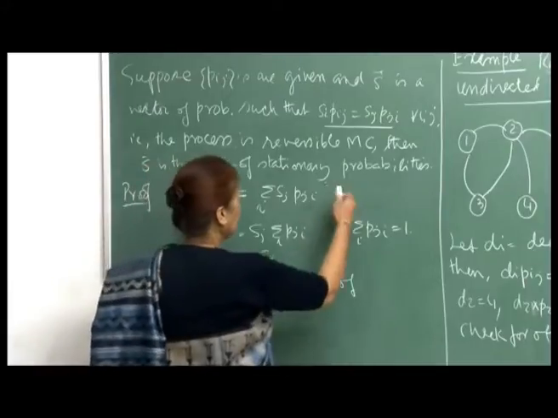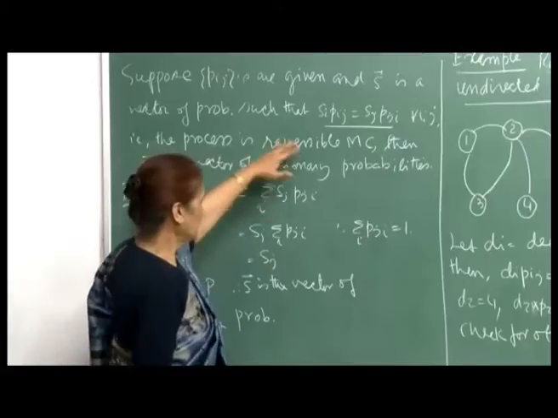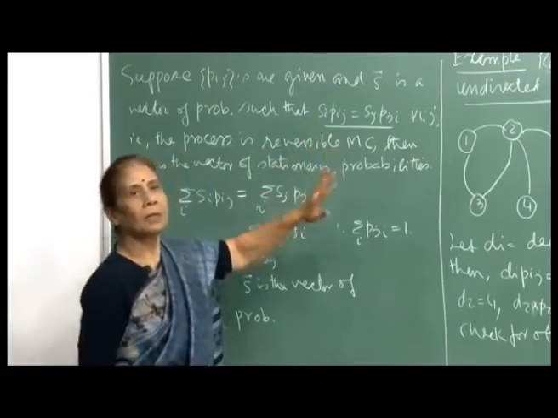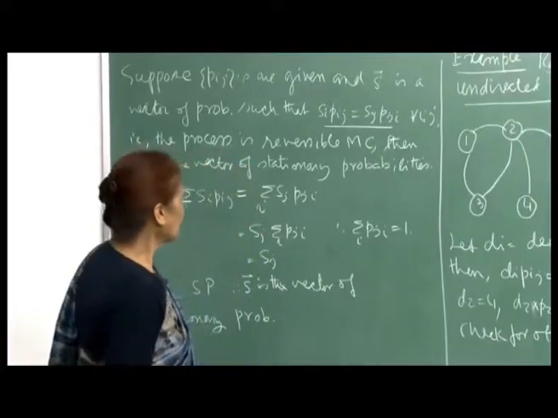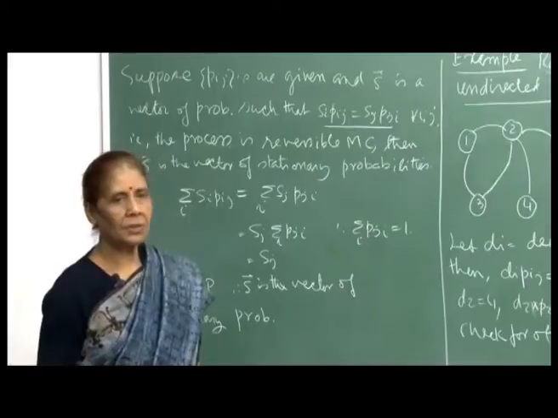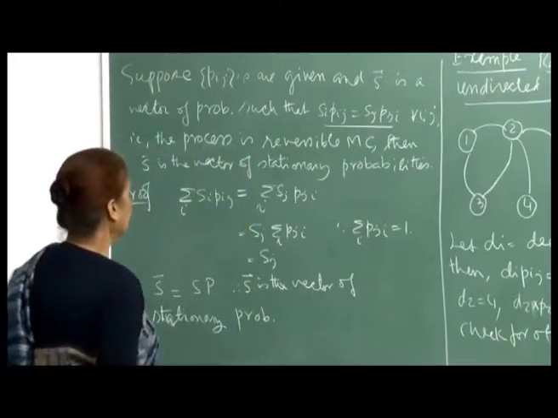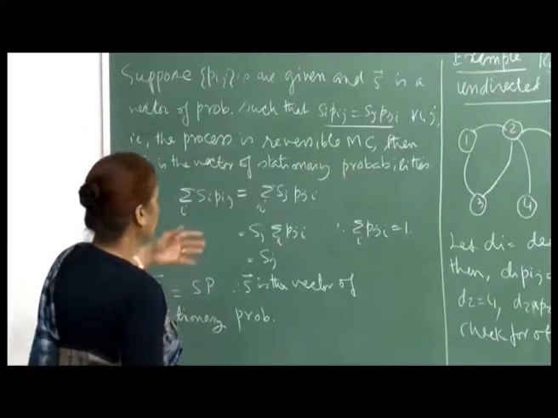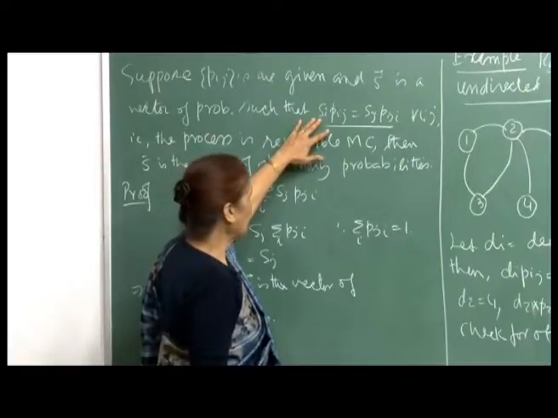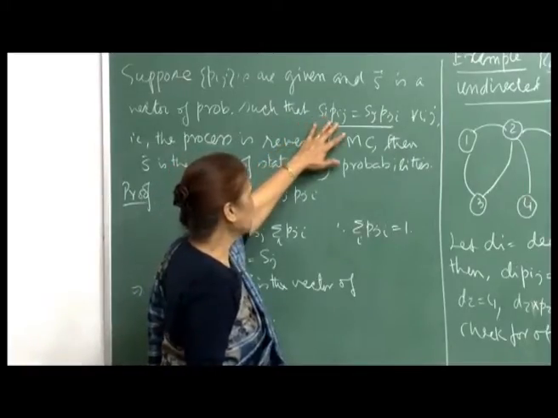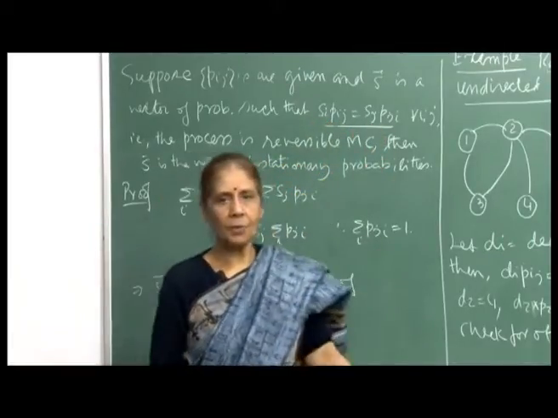So, what we are saying is that in case you have a probability vector which satisfies the reversibility equations corresponding to the Pij's, which are your transition probabilities, then the Si's can be nothing else but the stationary state probabilities. We said earlier that if the Si's were stationary probabilities and these conditions were satisfied, then we defined a reversible Markov process.